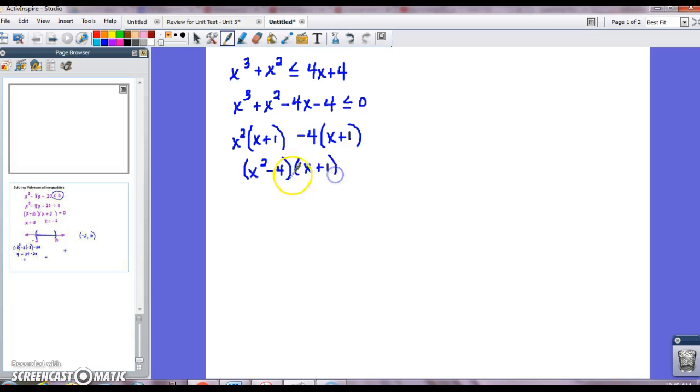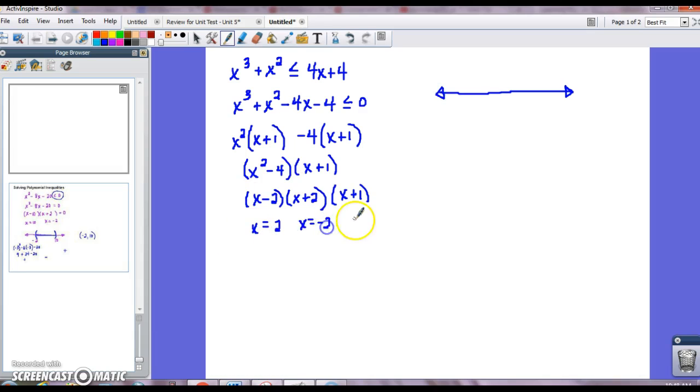Remember, we're doing all this to get our boundary points. So this factors to x minus 2, x plus 2, and this would be x plus 1. And so our boundaries then are going to be at x equals 2, x equals negative 2, and x equals negative 1.